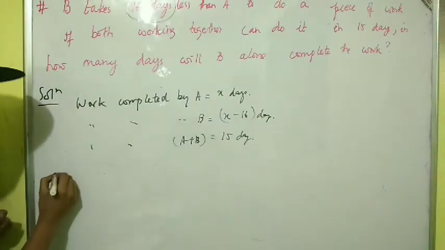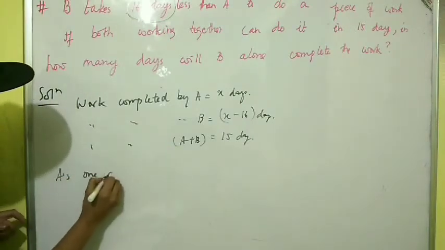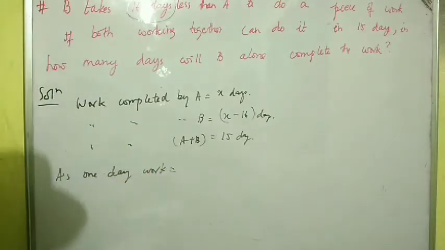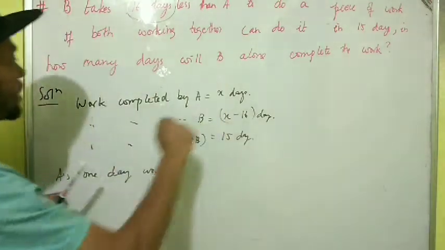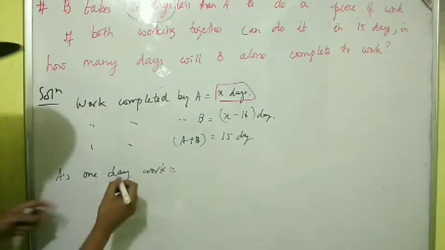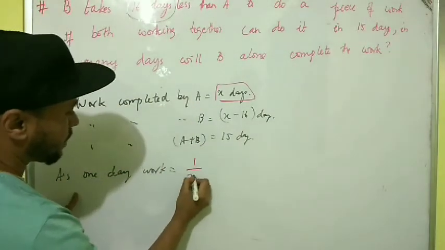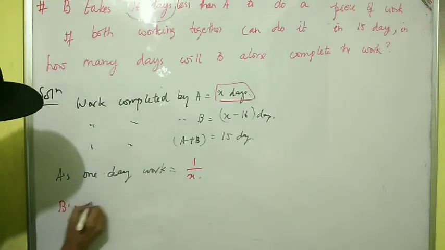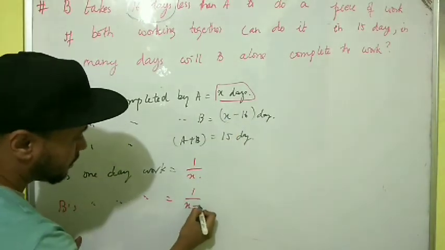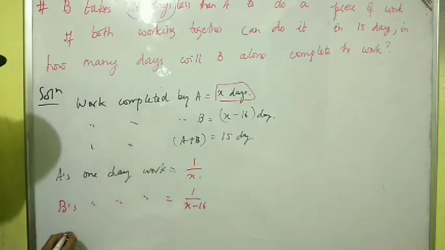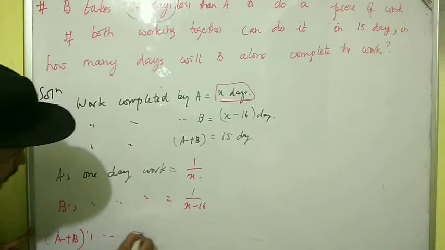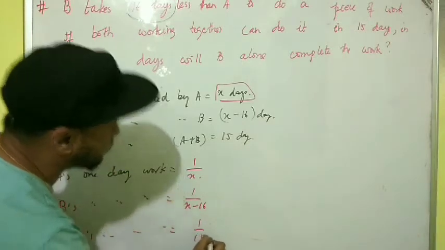First, we need to find the 1 day's work. What will be A's 1 day work? In X days, A's 1 day work will be 1 divided by X, and B's 1 day work will be 1 divided by X minus 16.